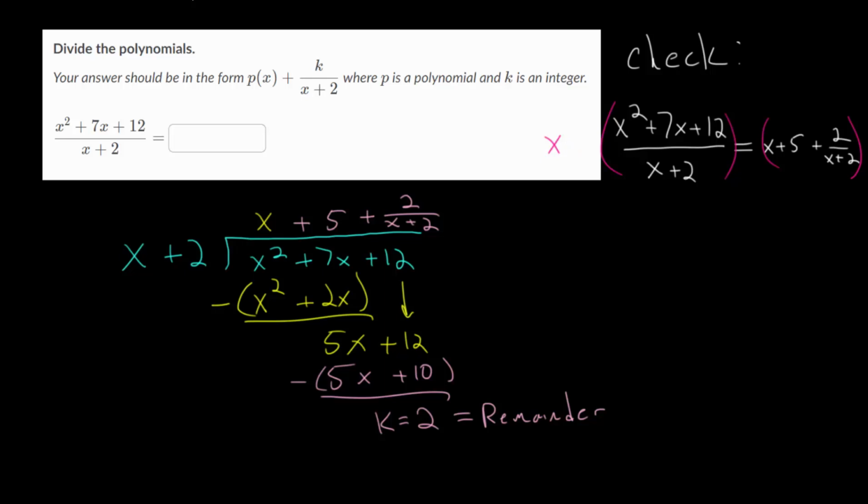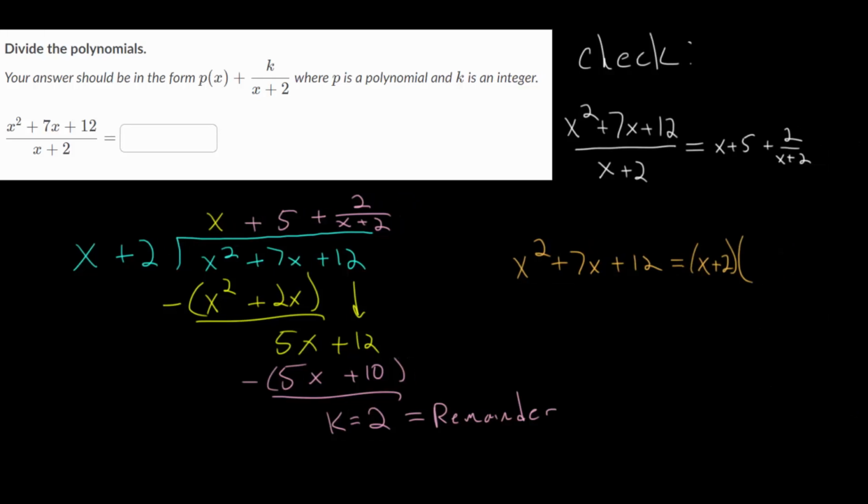So let's multiply everything by that x plus 2. So basically, we're trying to see if this quadratic, since the x plus 2's cancel here, is equal to x plus 2 multiplied by what we think is the answer.